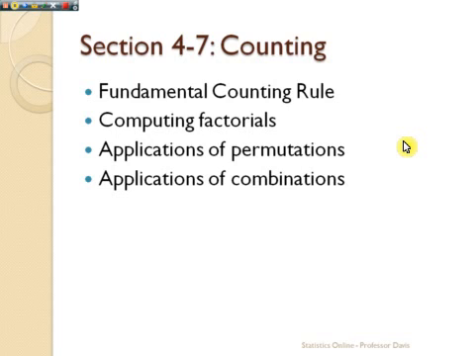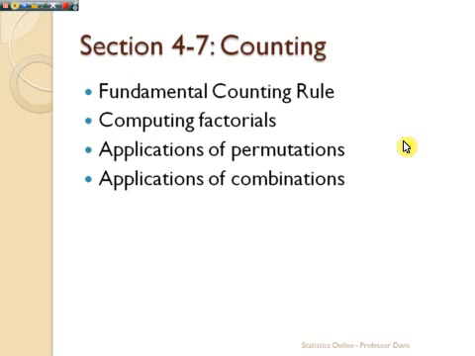And by the way, if you want to compute factorials on your graphing calculator, you simply hit the math key and then go over to the probability menu. It says PRB, and if you scroll down to option 4 on your calculator, you'll see the exclamation symbol, and that is the symbol we use for factorial. So make sure you can check that out in your graphing calculator.